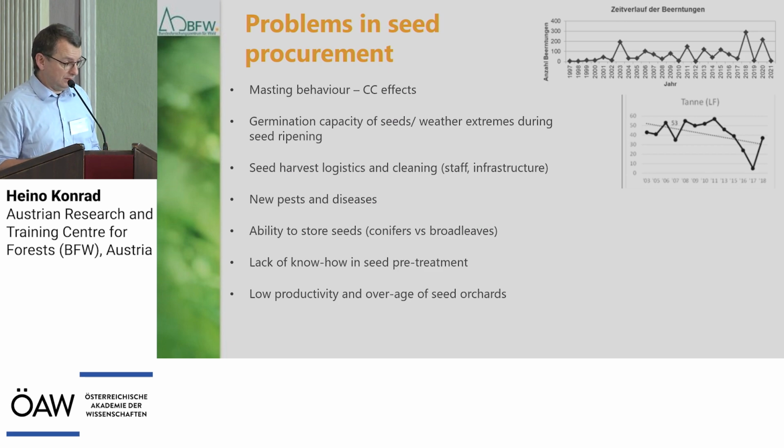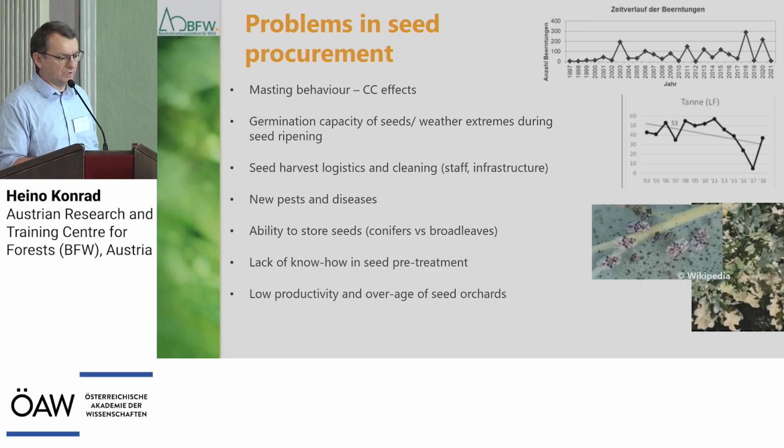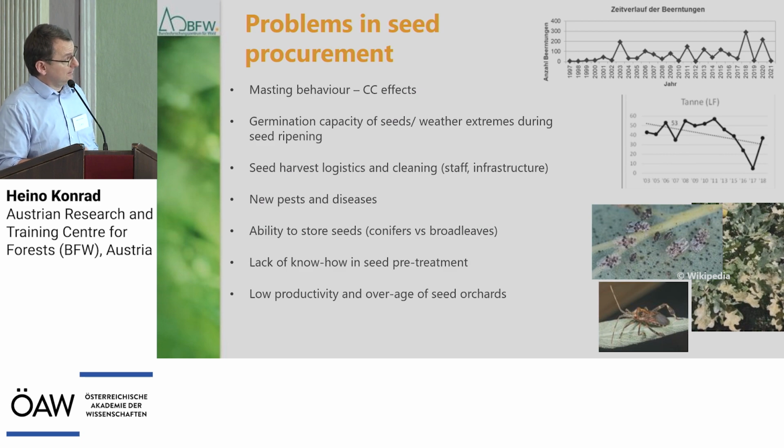We also have associated problems with the harvest logistics and the cleaning of the seeds. So there's missing infrastructure. A big problem is new pests and diseases. The bad news is for the oak: we have the oak lace bug, introduced from eastern North America, which has found nice habitat in southeastern Europe.